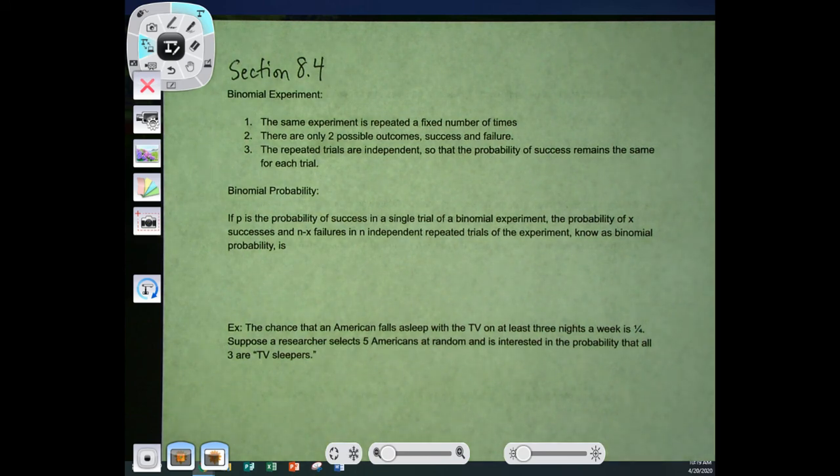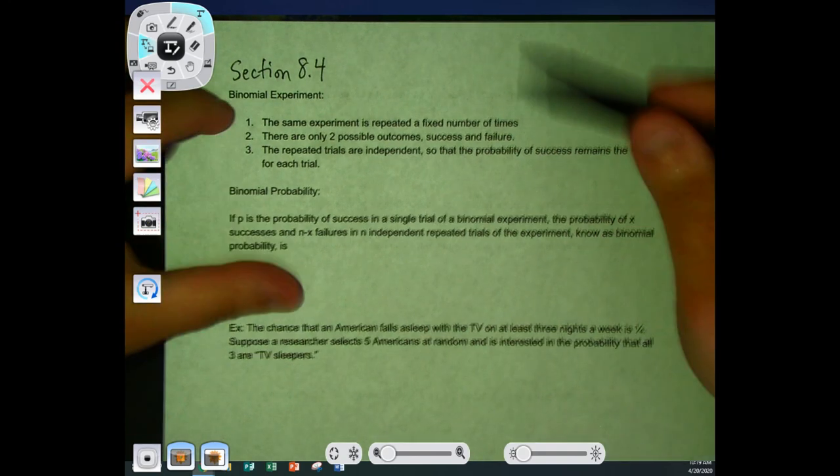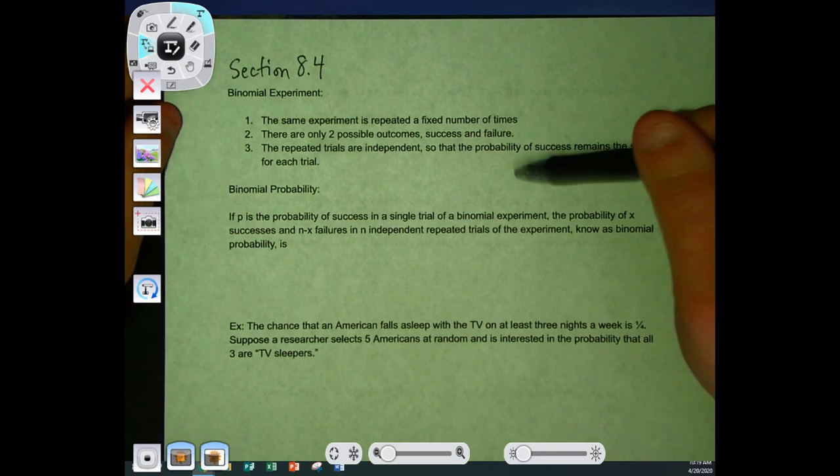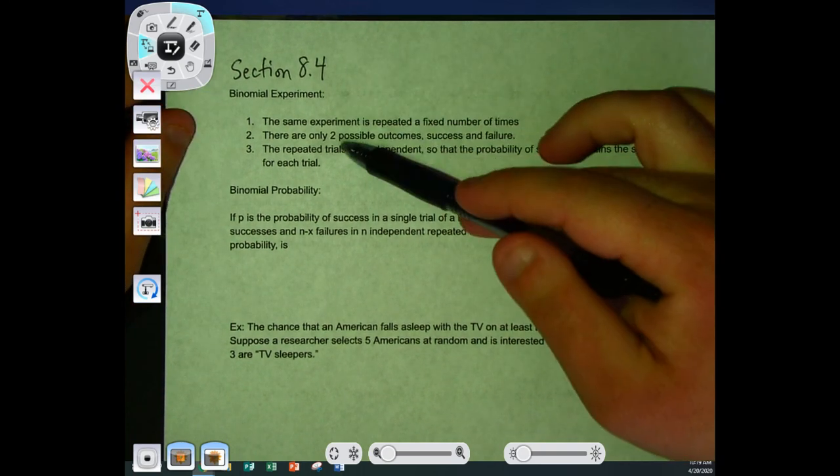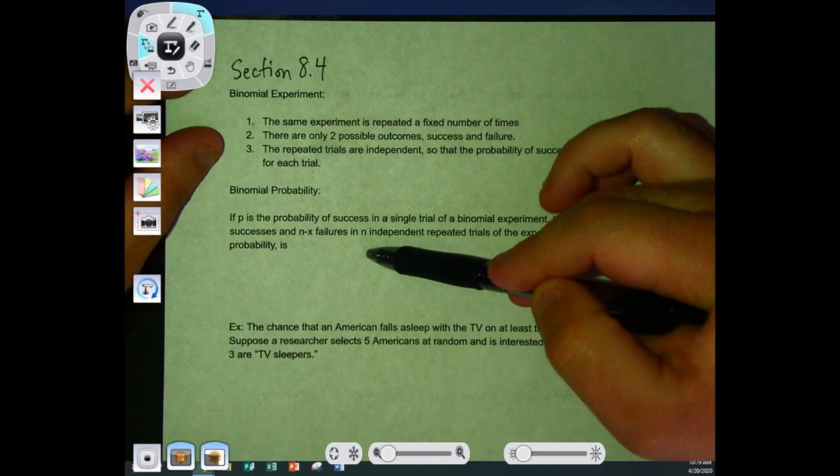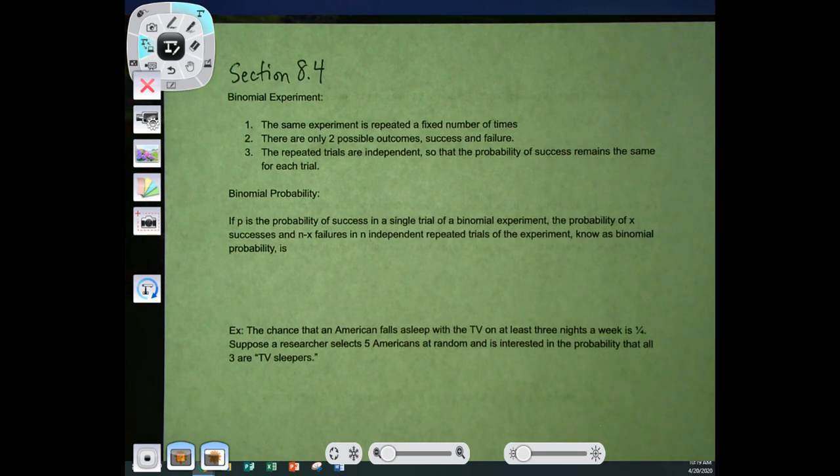So each time we flip a coin, the probability of success remains the same for each trial, nothing changes. So if we're able to meet all three of those conditions for a binomial experiment, then we can calculate a binomial probability.